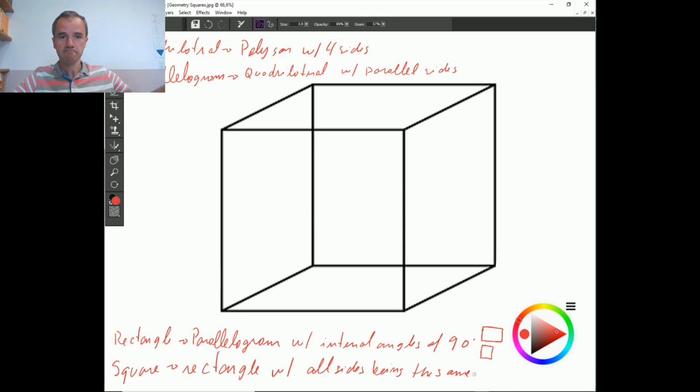Okay? That's what it means. So every square is a rectangle. Every rectangle is a parallelogram. Every parallelogram is a quadrilateral. And every quadrilateral is a polygon, okay? And a polygon is a set of straight lines connecting to themselves. It cannot be an open loop, okay?